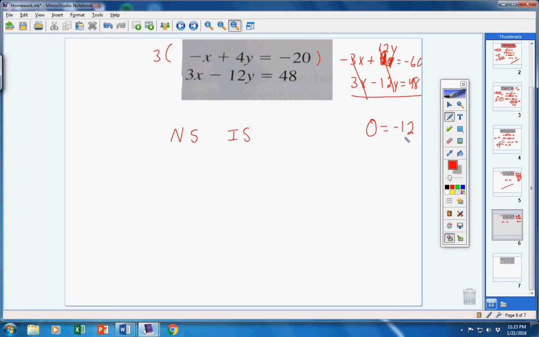Well, is this a true or a false statement? 0 equals negative 12. Well, that's false. So my answer is no solution. Okay? Now, if I were to graph these two lines, they would be parallel. They would never intersect, and that's why the answer is no solution.